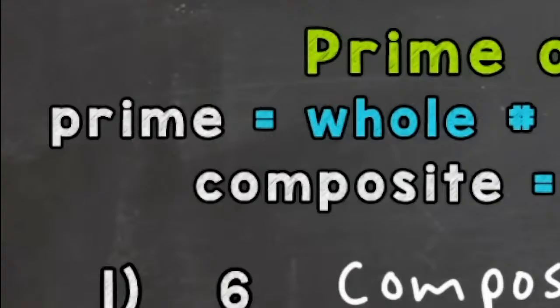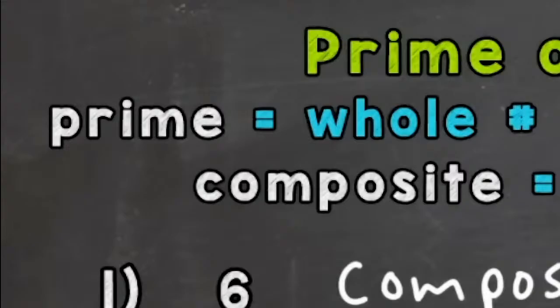Number 4, let's go through all 4 choices and find the prime number. So 18, well, this is even, and we automatically know that 2 can go into all even numbers. So all even numbers, except for one special one, are going to be composite. So 18 is composite.